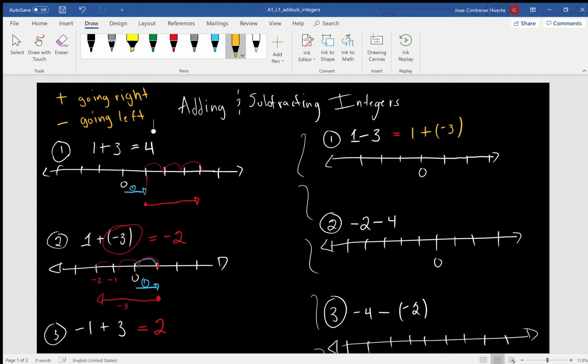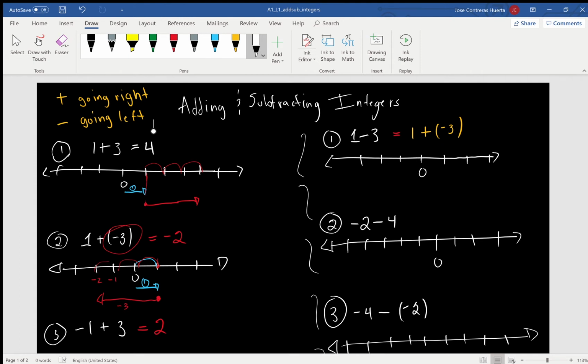This negative here is telling me that it wants the opposite of this 3. So what is the opposite of that 3? Well, that's negative 3, right? So this is the same thing as 1 plus negative 3.